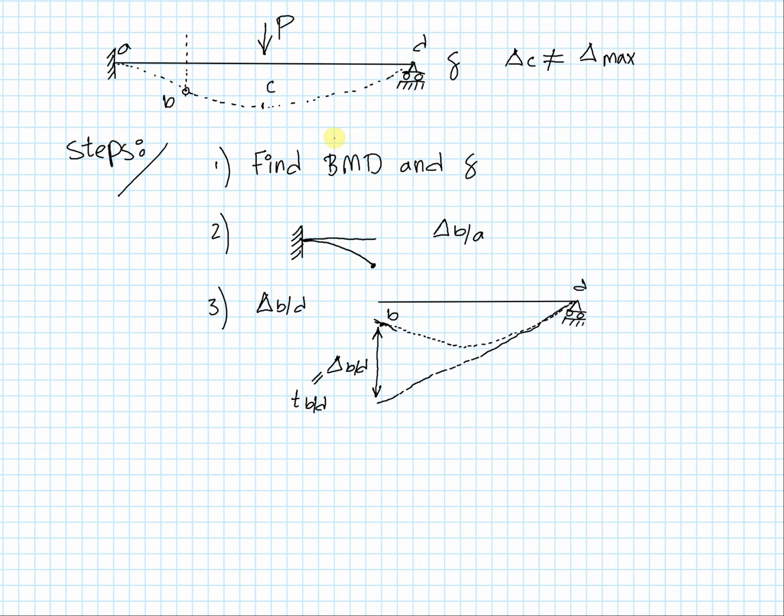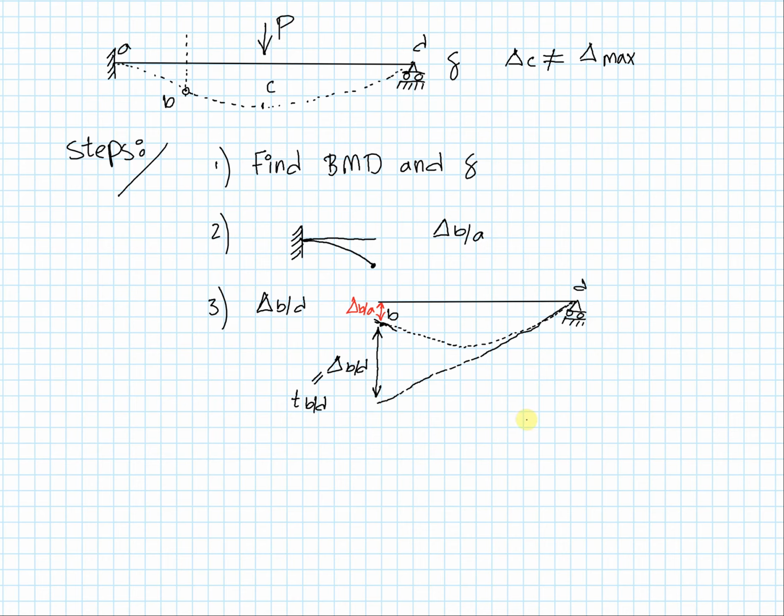Something that I figured out from step 2 is the simple fact that this height here is in fact delta BA. So now I know delta BD, and now I know delta BA.